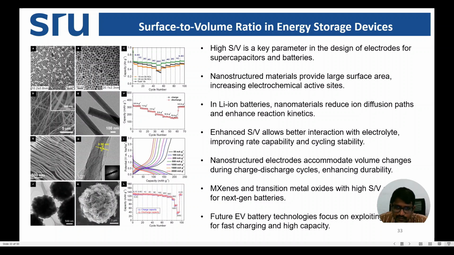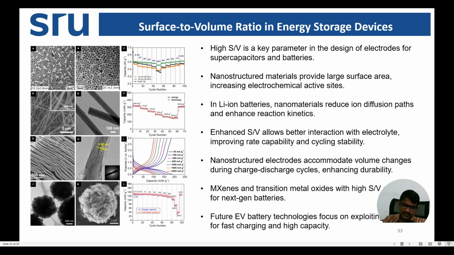Nanostructured materials provide large surface area, increasing electrochemical active sites. What does it mean? Nanostructured materials are different kinds of materials, whether zero dimensional, one dimensional, two dimensional, or three dimensional.